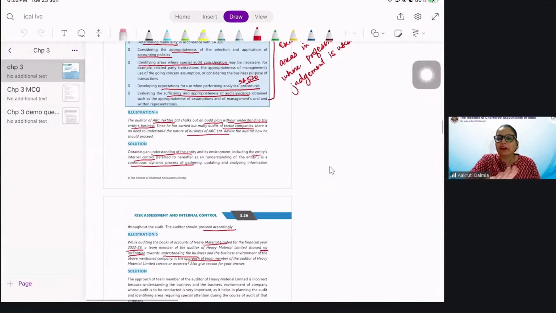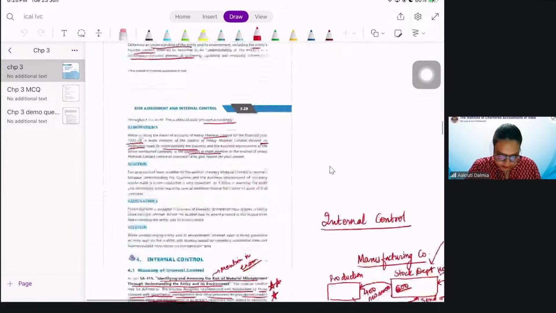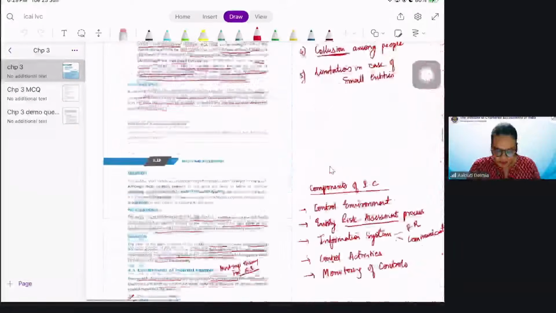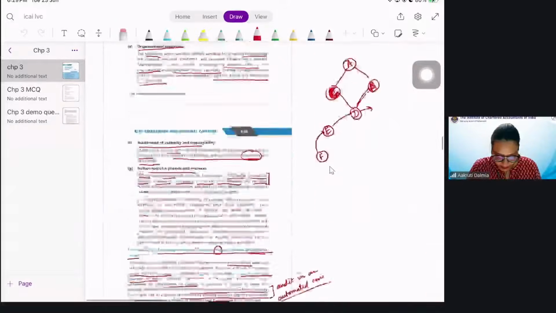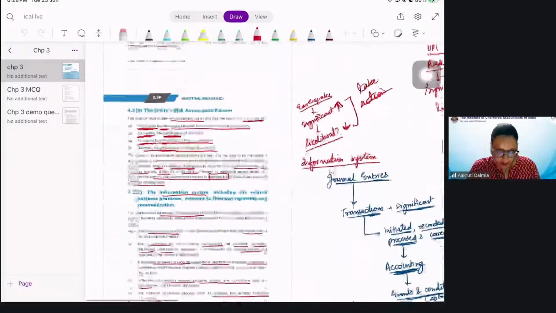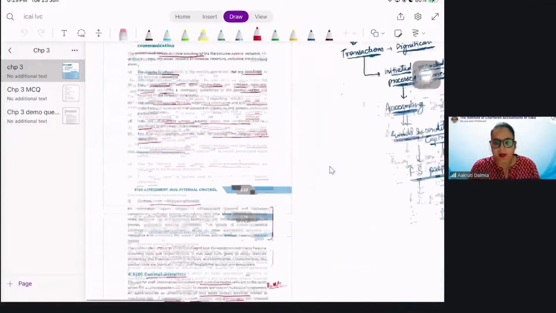All three have given different answers. Sumedh is saying indirect, Pooja is saying direct, Mehak is saying drafted. Pooja, you have said direct. Why are you saying direct?